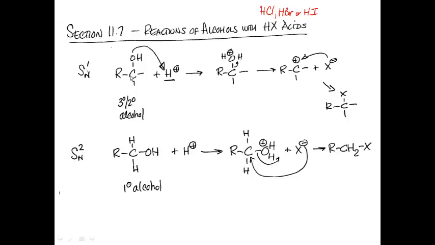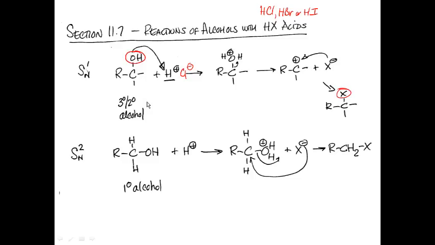So if you got a tertiary or secondary alcohol, you would add your H plus and then let's say your Cl minus. The H plus would protonate the OH. If this is a secondary or tertiary position, the water leaves, giving you a carbocation. Then the halogen comes in and adds so that you get your final product, and I've substituted a halogen for an OH.